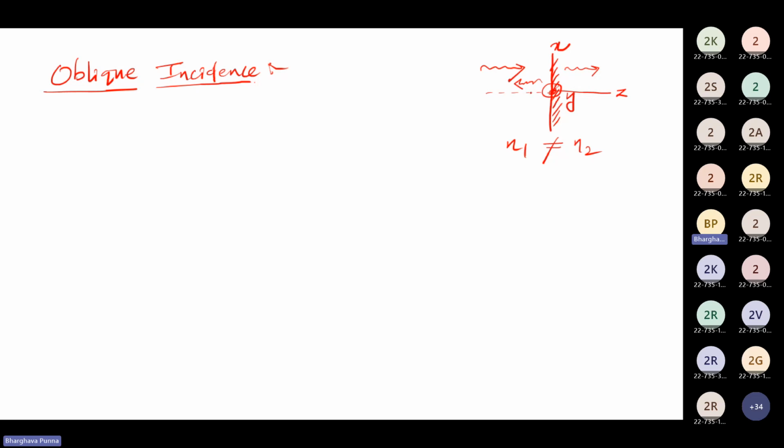That means in the normal incidence, how much angle is made by the incident wave with the normal to the boundary? See carefully. This is the incident wave, going like this. The question is how much angle is made by this incident wave with the normal to the boundary.